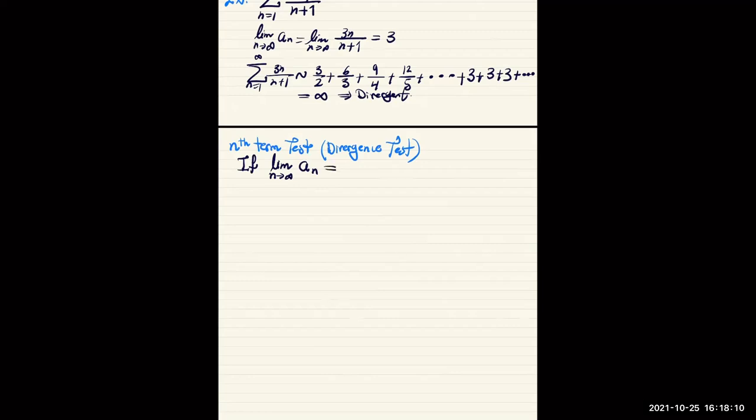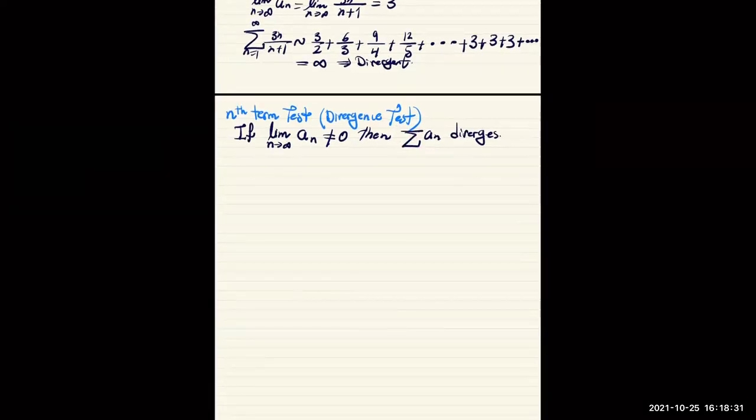If this limit is not equal to 0, then we know for sure that the series is divergent. If the terms of the series don't go to zero, then the series is divergent. Okay, so example.